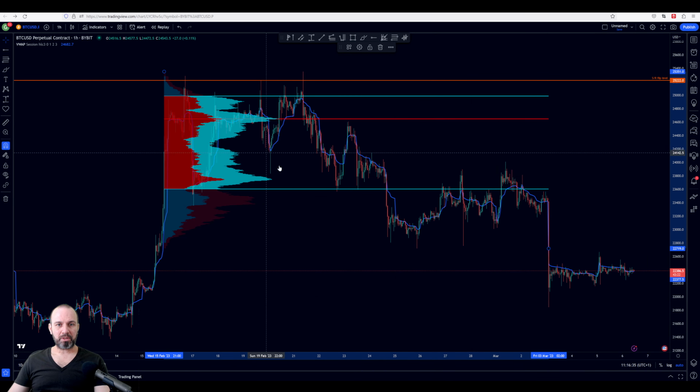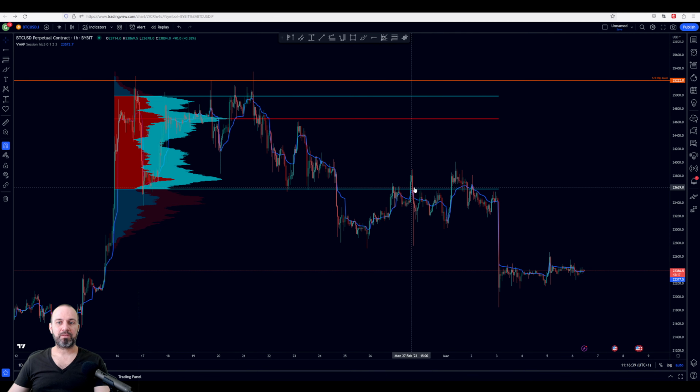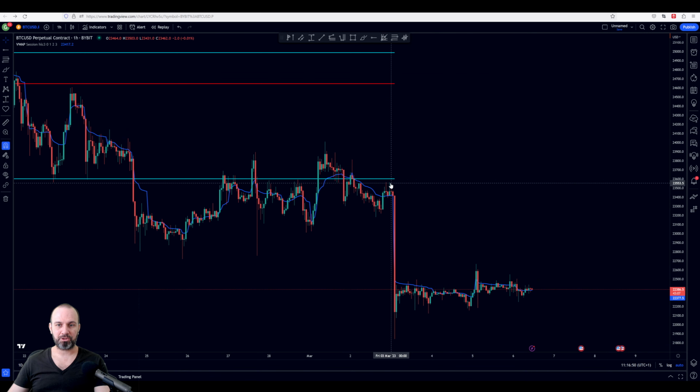So we will keep this range like this, because in this area we do have some liquidity. We have this high, and this high, so we have a couple of highs. I would imagine if you shorted this move here, you have your stop loss somewhere in this area.